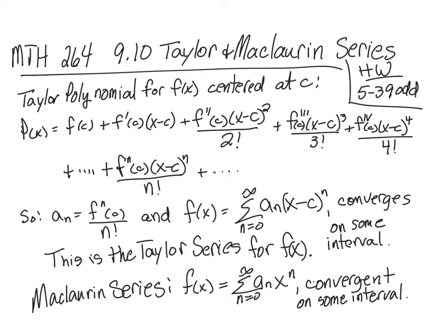We're going to try to recognize patterns in the coefficients and write them as functions of n, so that we can take just a Taylor or Maclaurin polynomial and figure out how it behaves with respect to the counter.